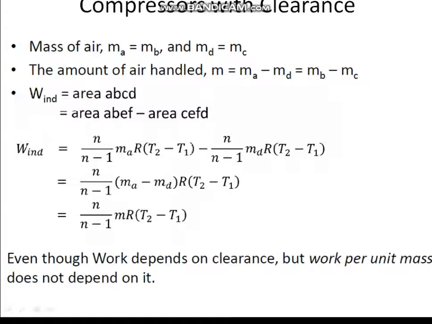So the mass of air Ma and Mb will be equal at these two points, and masses Md and Mc will also be equal. The amount of air handled M equals the difference of these two masses, Ma minus Md, equal to Mb minus Mc.